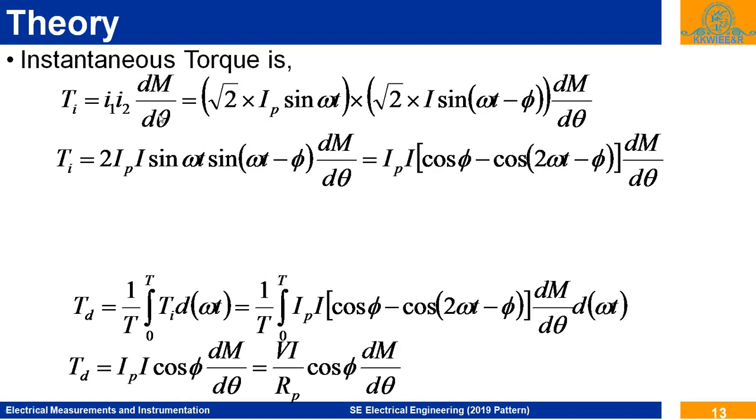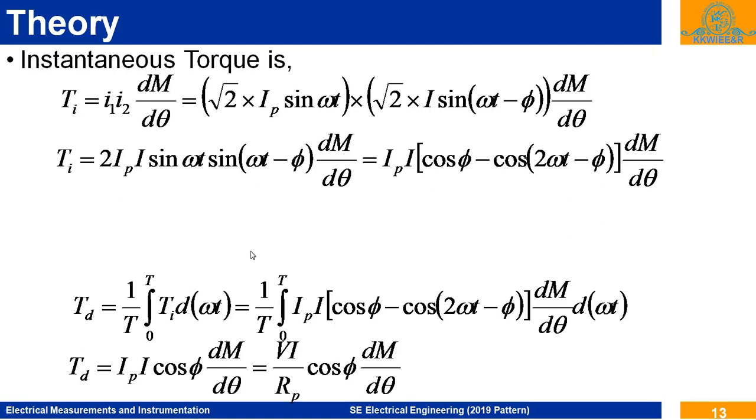Now we substitute the instantaneous current through the current coil and the instantaneous current through the pressure coil in this equation: root 2 Ip sin omega t, where Ip is the RMS current through the pressure coil, multiplied by root 2 I sin omega t minus phi, where I is the RMS current flowing through the current coil.